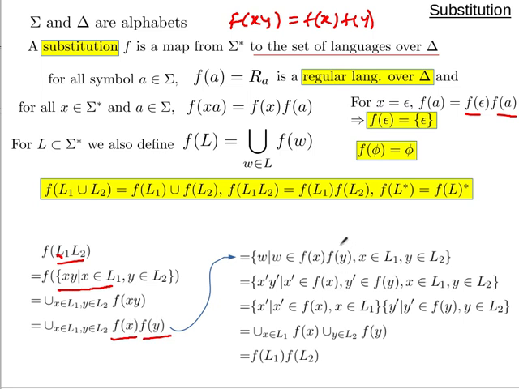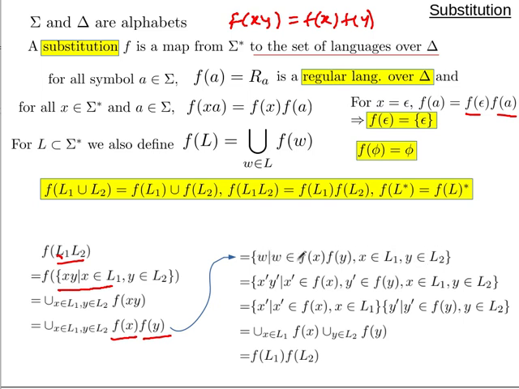So first of all we rewrite this as this expression, right? Because you are taking union over this set. Okay, so that means you are taking all the elements of this set, and these sets are also coming from this choice of x coming from L1 and y coming from L2.